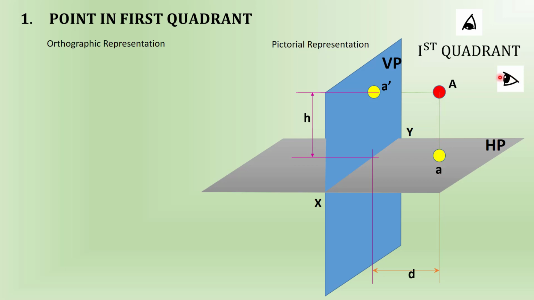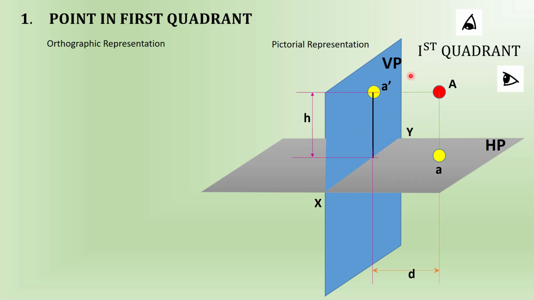Now, when you look from the front, you can see the image of this projector on the vertical plane. This black line denotes the image of the vertical projector, whose height will be small h. This distance denotes the distance of the original point from the horizontal plane.